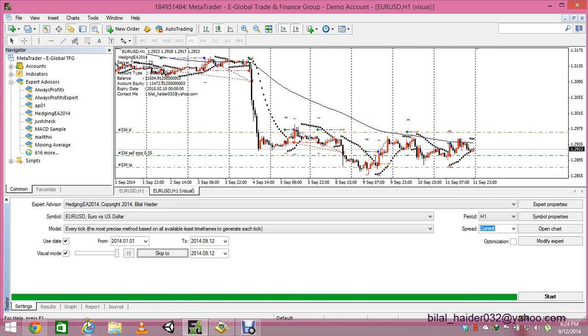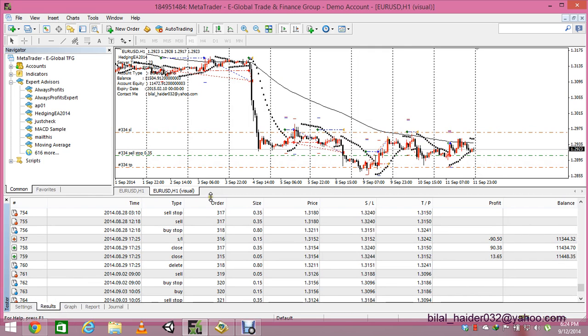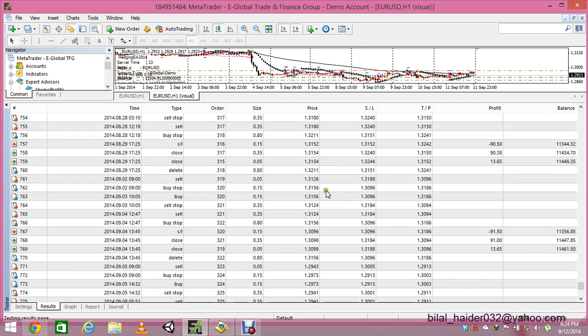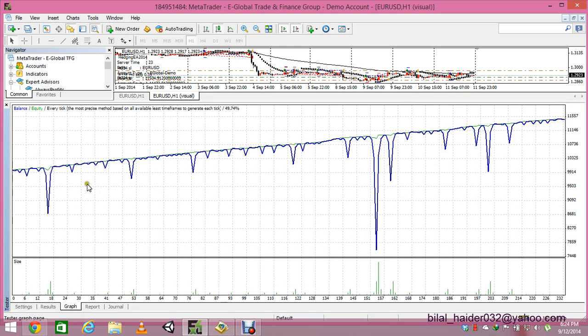Now it's completed, and let's see the results. Let's see the graph first. Here you can see the graph is pretty much always in profit, and the balance dropped here and here.